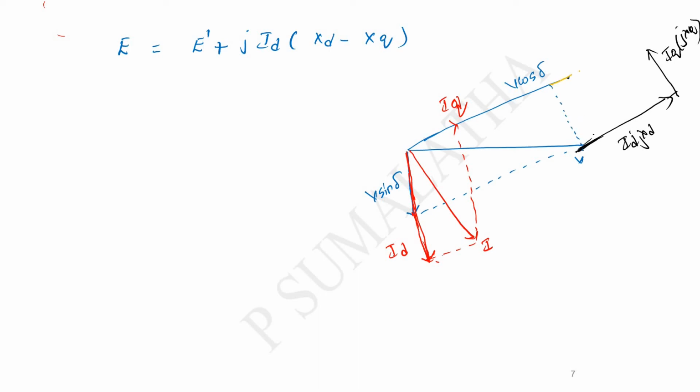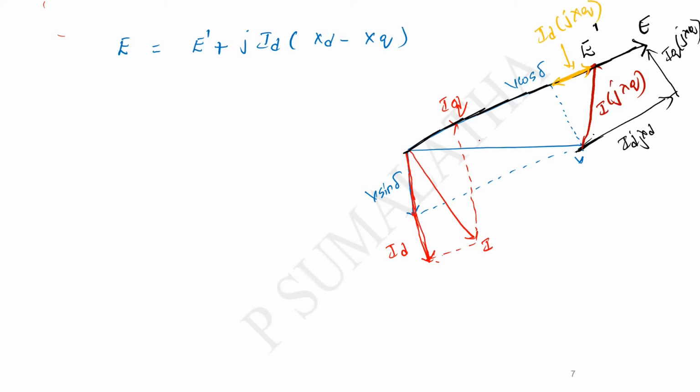And if you see here, from here to here, this quantity is I into JXQ, and this complete line from here to here will be E, and this portion is E dash, and this area is ID into JXQ drop.